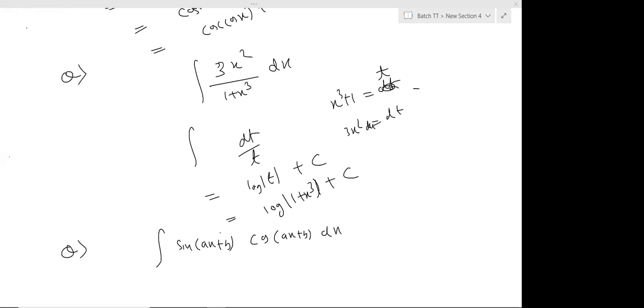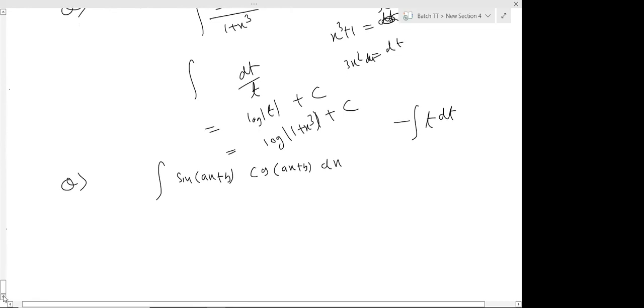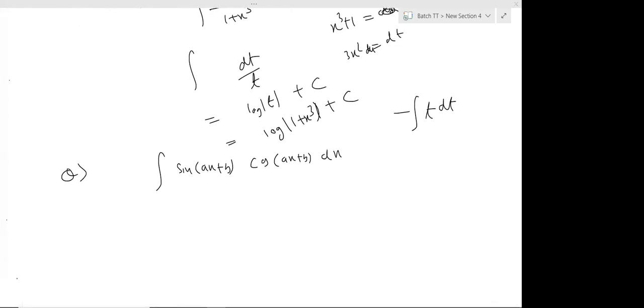All right, and then just integrate that. Integration of t dt, negative you can take outside. Jiva, Kinza, solve it. You can take any of these functions as t, and you'll be getting the same answer.